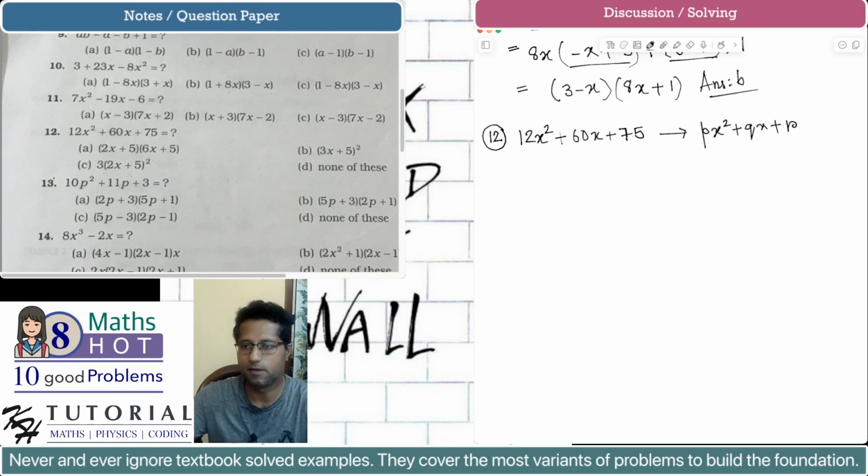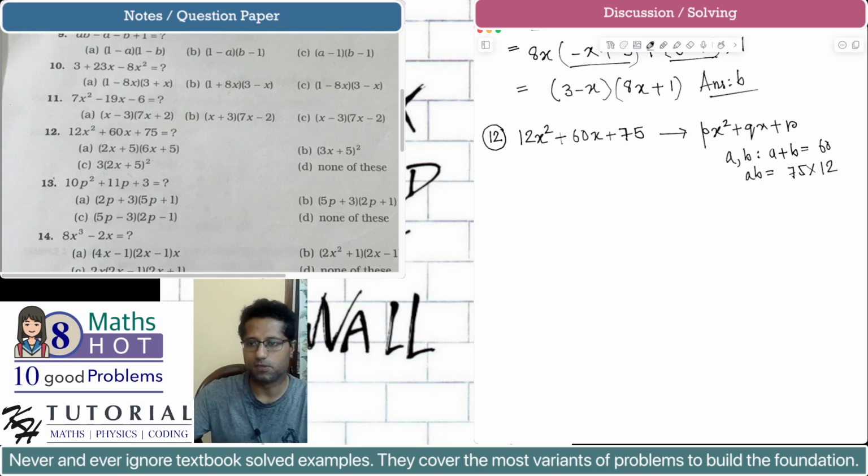So we have to find the constants a and b such that a plus b will be equal to the coefficient of x, that is 60, and a into b will be equal to the constant term multiplied by the coefficient of x square, that is 12. Now please do not immediately multiply 75 and 12. Let's keep it that way. It will help in finding out the value of a and b.